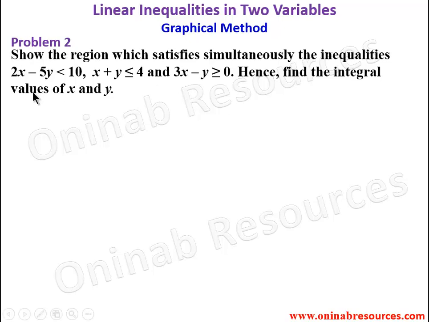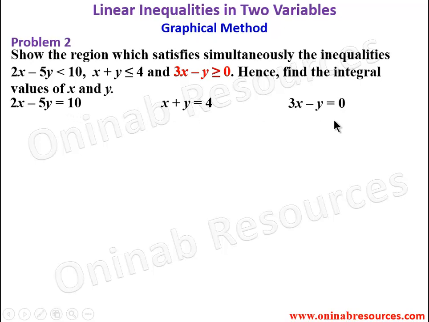So we look at the first inequality, which is 2x minus 5y less than 10. So it becomes 2x minus 5y is equal to 10. Now for the second inequality, we're going to have it as x plus y is equal to 4. And finally, the third inequality, we have it as 3x minus y is equal to 0.